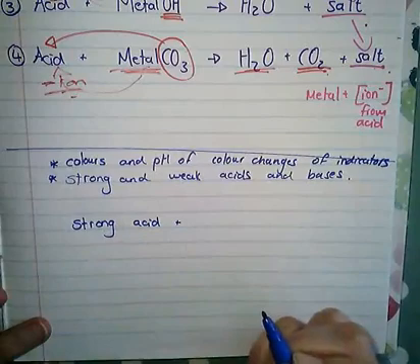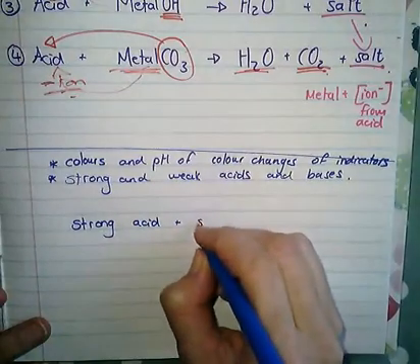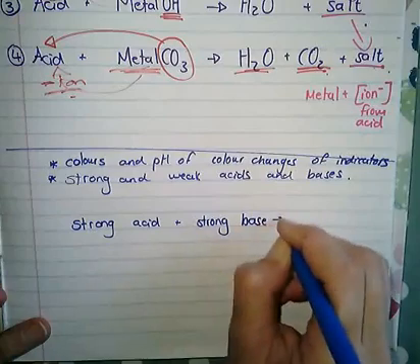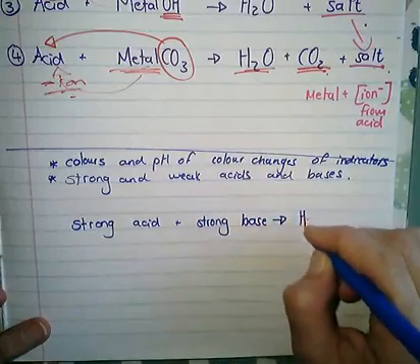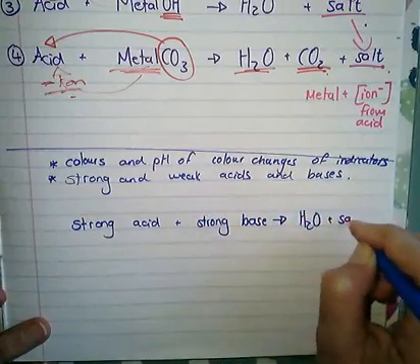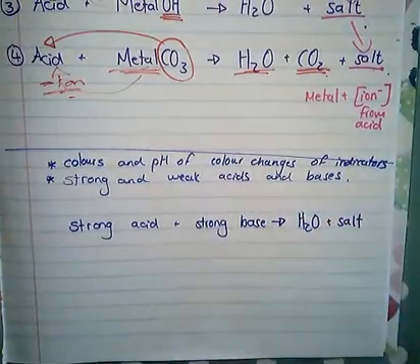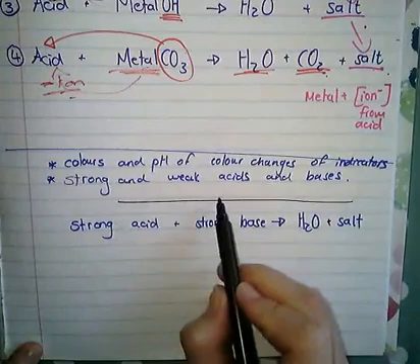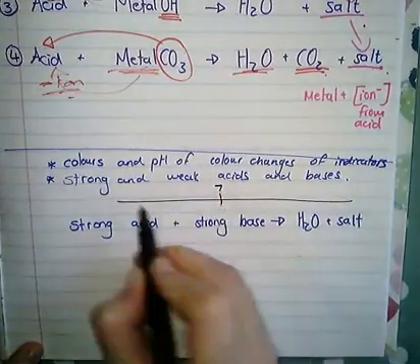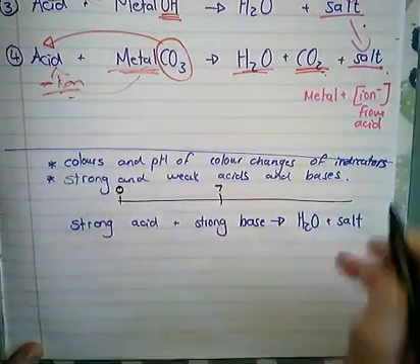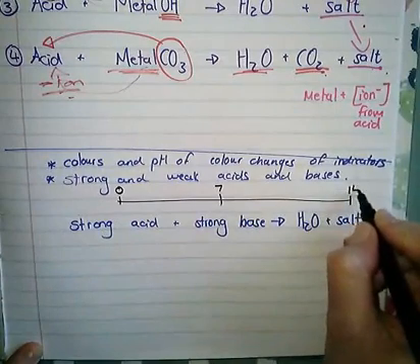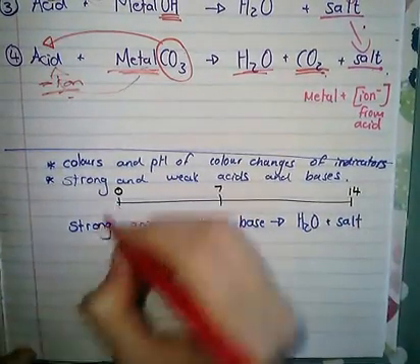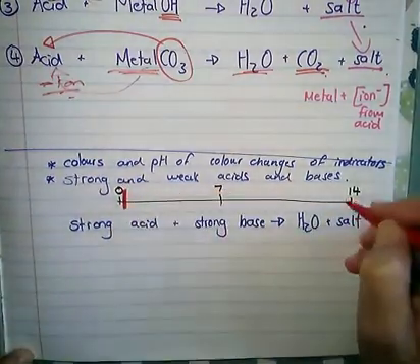Now, on the pH scale, where we have 7 where it's neutral, 0 at a strong acid, 14 at a strong base, when a strong acid reacts with a strong base, those two are going to neutralize and meet each other somewhere in the middle of their two pHs, close to 7.